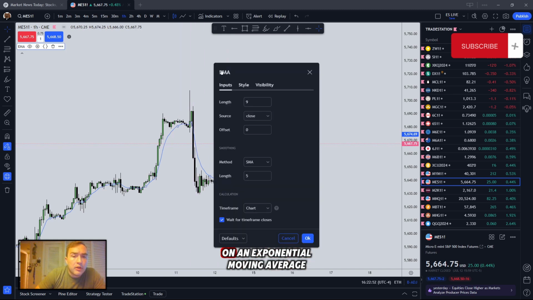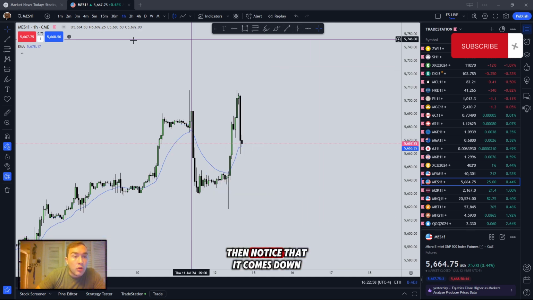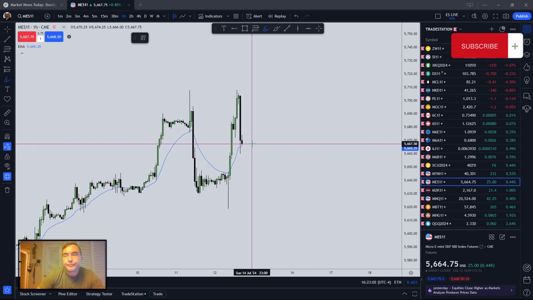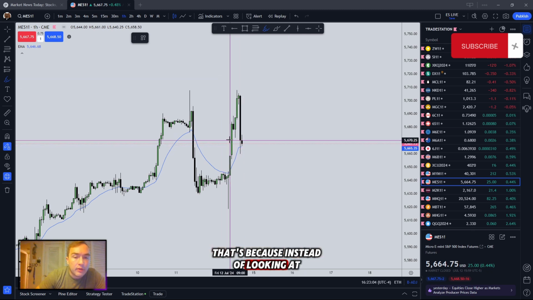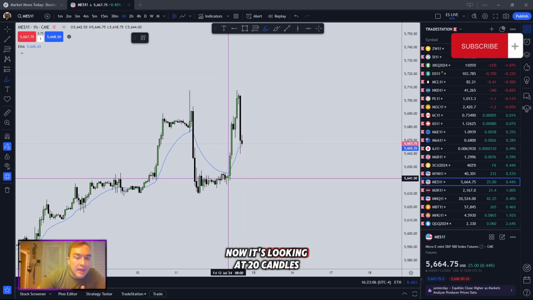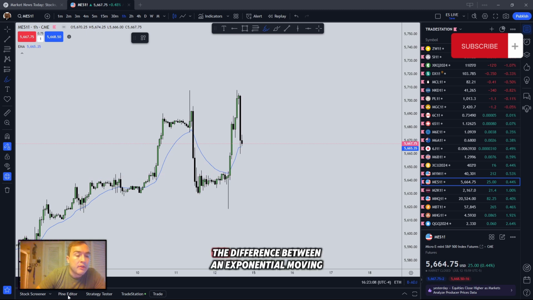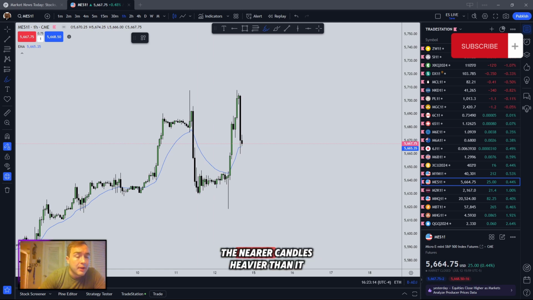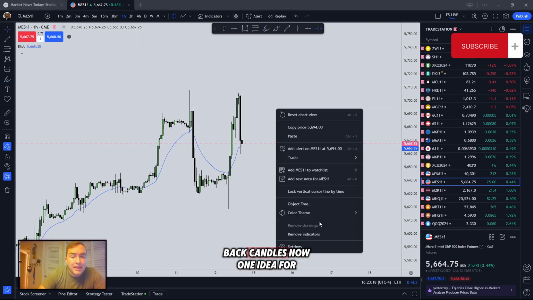On an exponential moving average, I can change it to be, let's say, 20 hours of price action, and notice that it comes down. That's because instead of looking at only 9 candles, now it's looking at 20 candles. The difference between an exponential moving average and a simple moving average is that the exponential moving average is weighting the nearer candles heavier than the back candles.